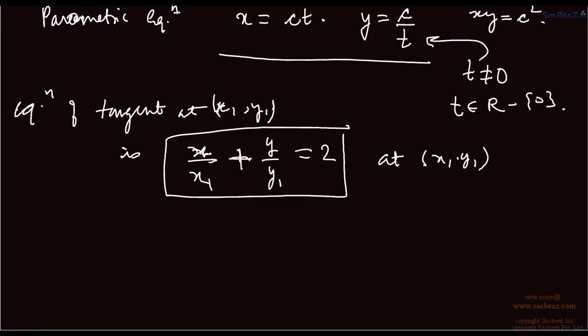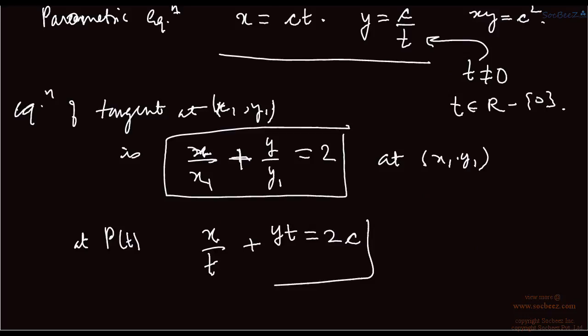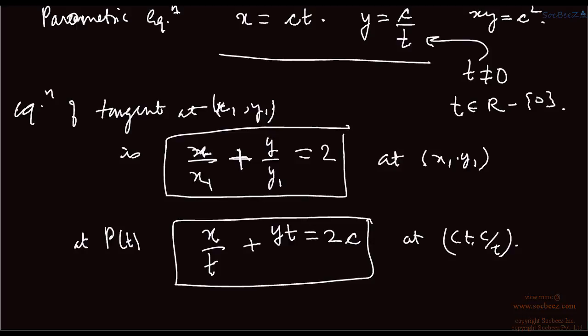But at the parametric form, at pt, or at ct comma c by t, it will be x by t plus yt is equals to 2c. This will be the equation at ct comma c by t, right? So this is the parametric one.